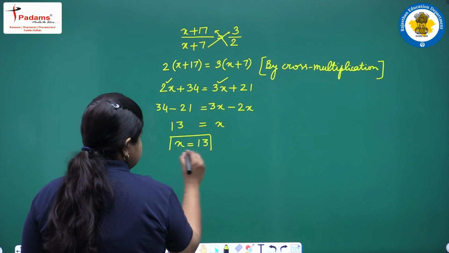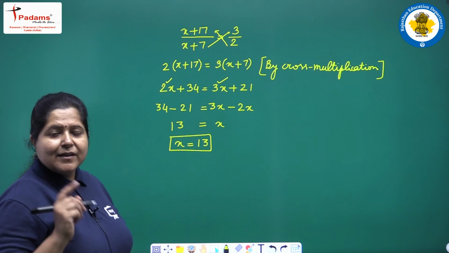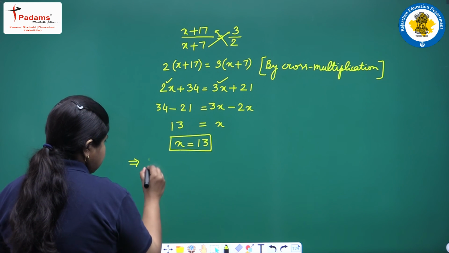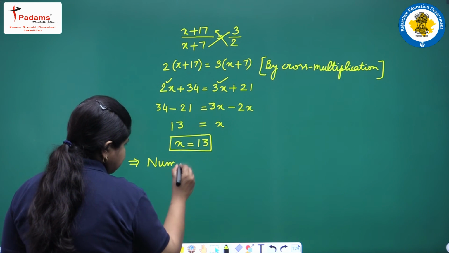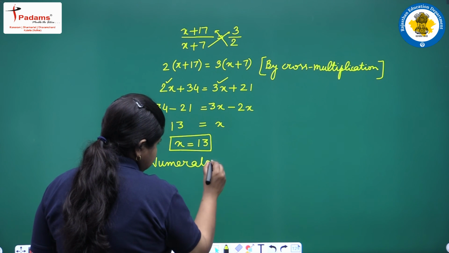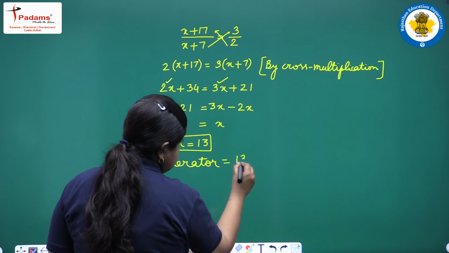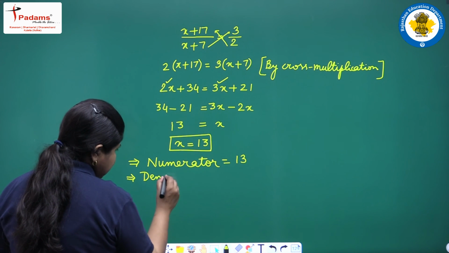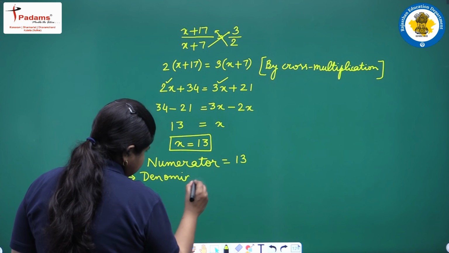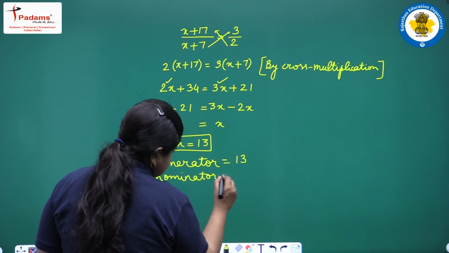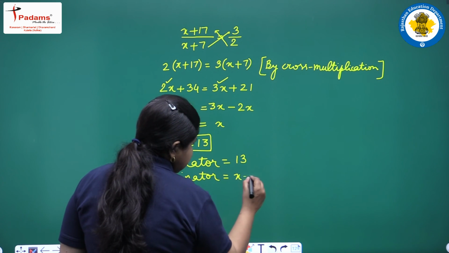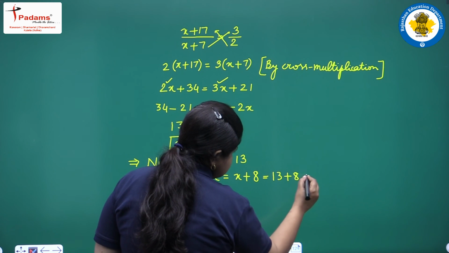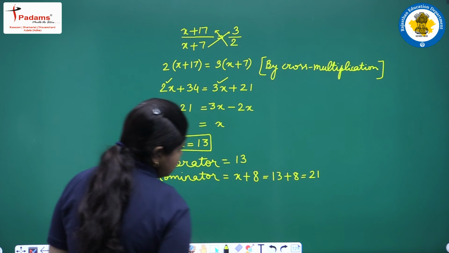And what was this x? It is the numerator of the rational number. So, we can say that numerator is 13 and this implies denominator will be, it was x plus 8, so we get 13 plus 8 which is equal to 21.